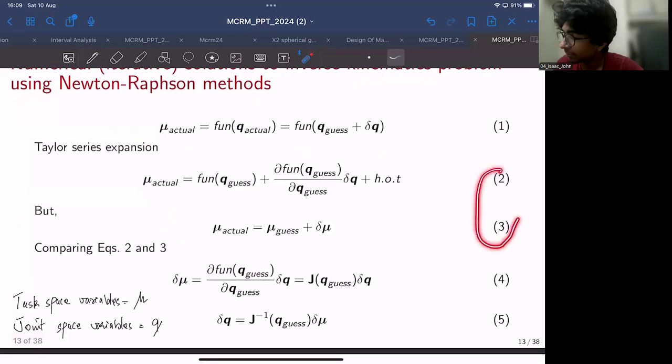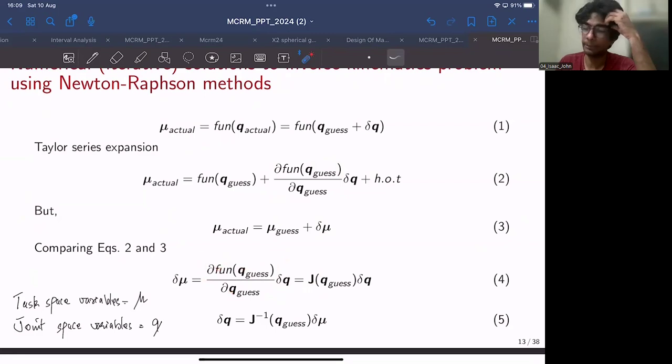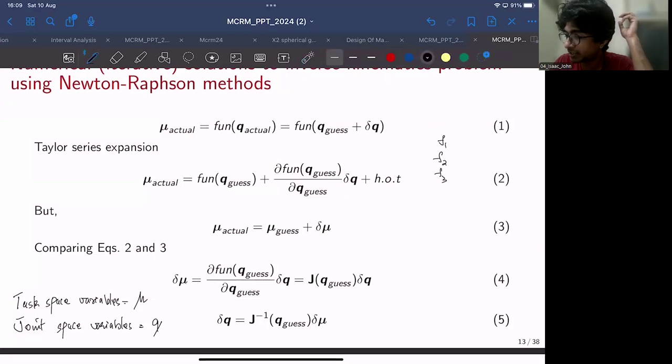If we compare these two expressions, delta mu would be dou f by dou q into delta q, and you can label dou f by dou q as J of q, the Jacobian matrix of f with respect to q. Depending on the robot, you may have multiple f. F can be a vector, f1, f2, f3, and q can also be a vector of q1, q2, q3.